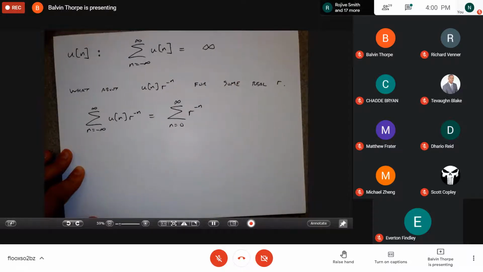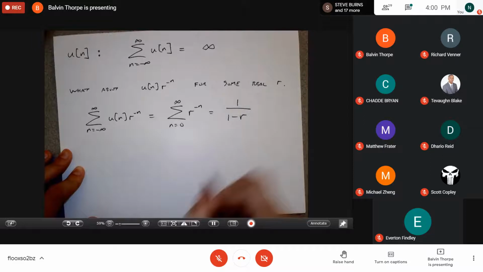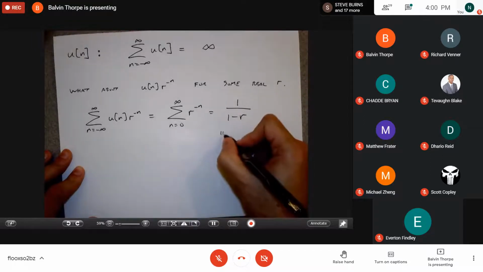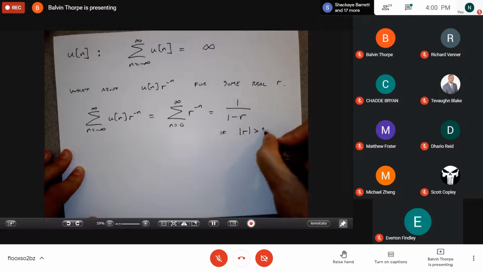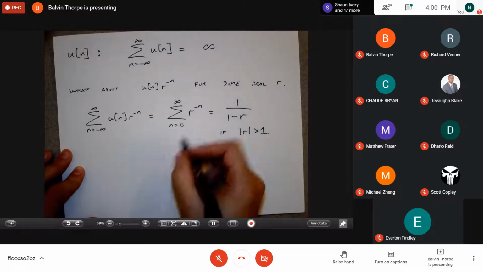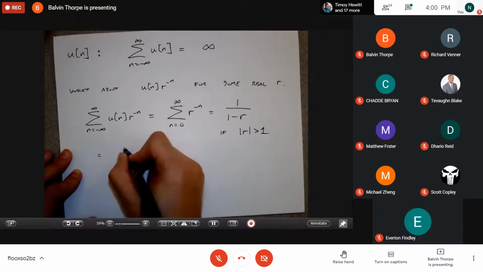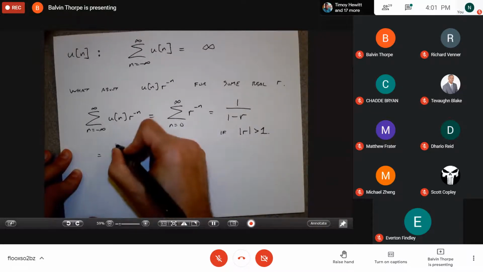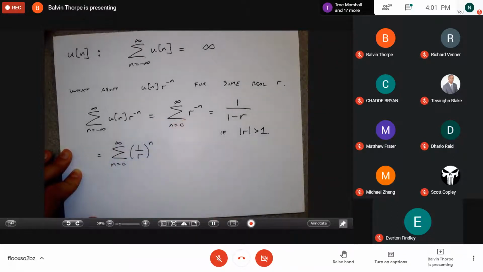And here I would say this would be equal to 1 over 1 minus r to the minus 1, if this magnitude was greater than 1. A different way of looking at this is like this; I could also write it like this. Hopefully that makes it a little more obvious.